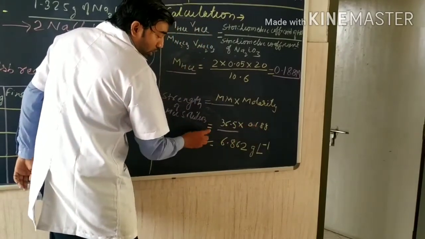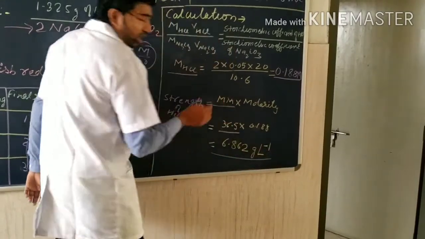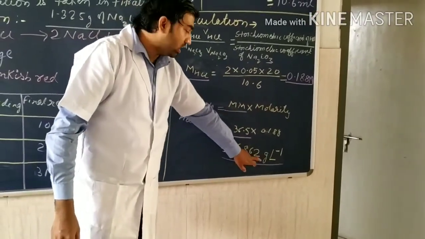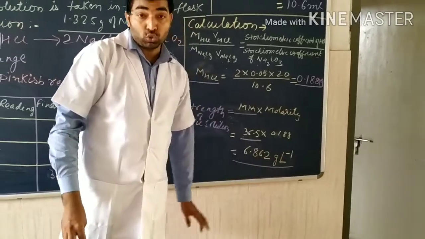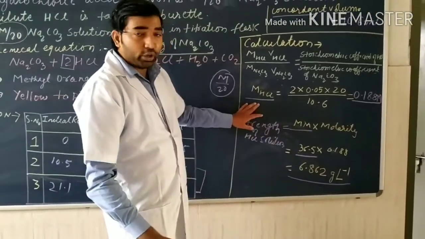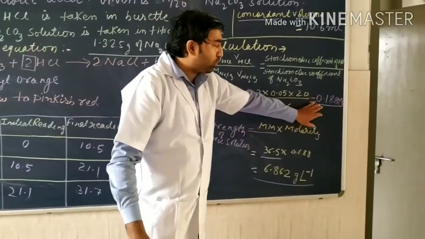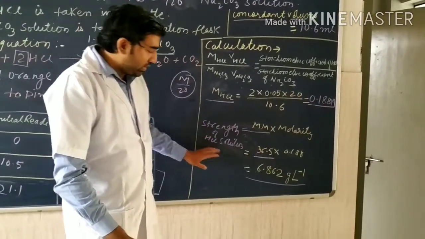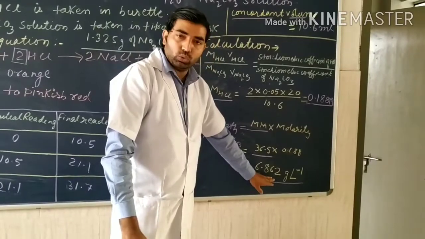When we solve this, we finally get the strength of HCl solution as 6.862 gram per liter. So the result is the molarity of HCl is 0.188 molar and the strength of HCl solution is 6.862 gram per liter.